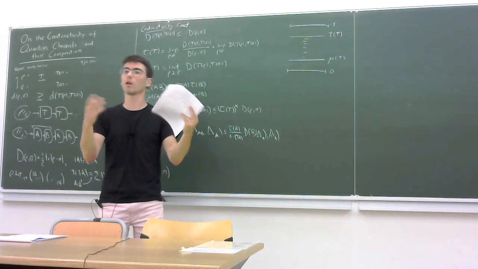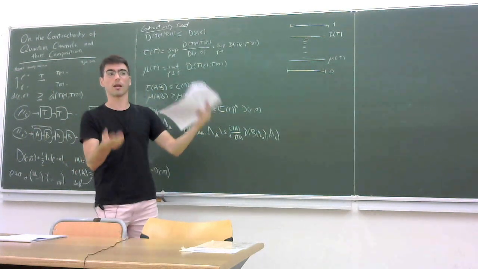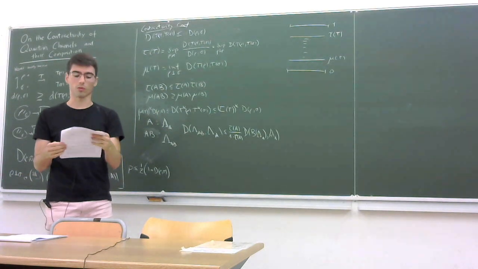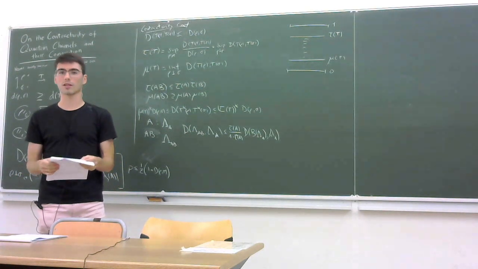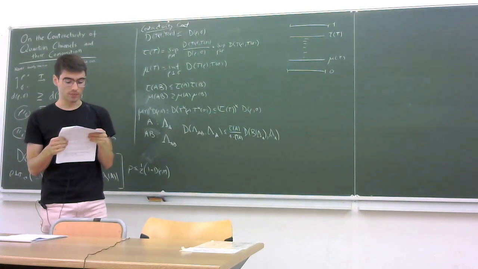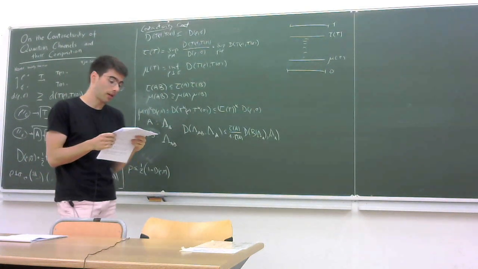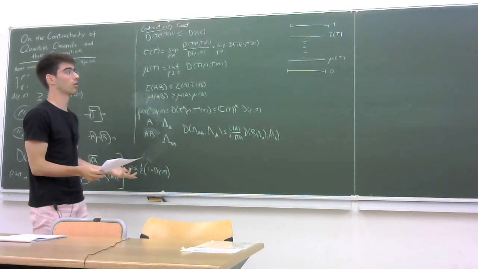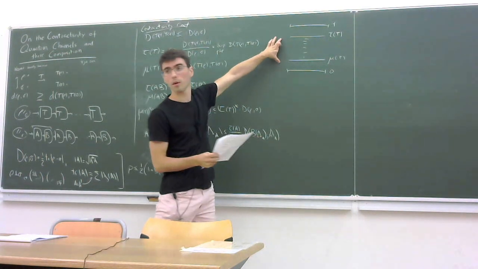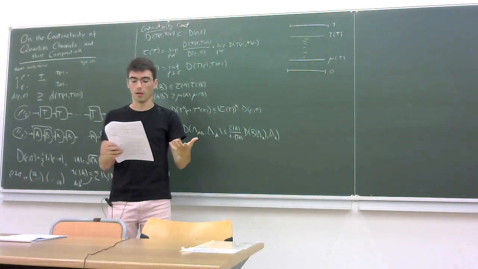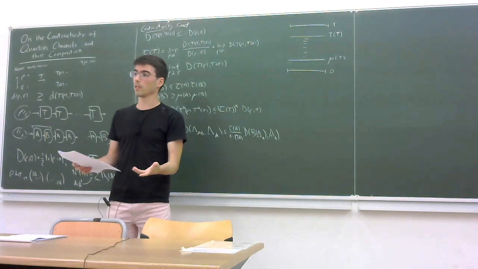So the singular values of the channel can be larger than 1. How do you interpret that in terms of contraction? I don't know. Singular values can be larger than 1, and they are also not very clearly related with these two values. So I want to find another possibility.